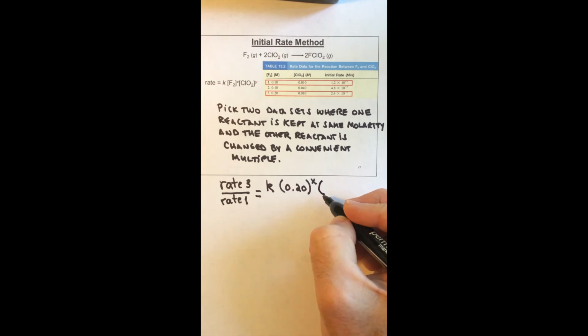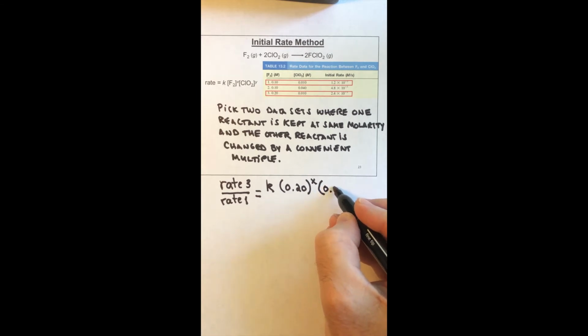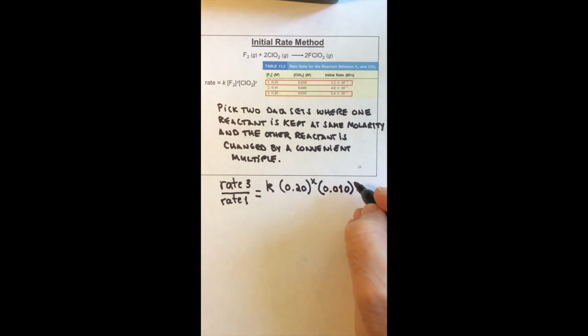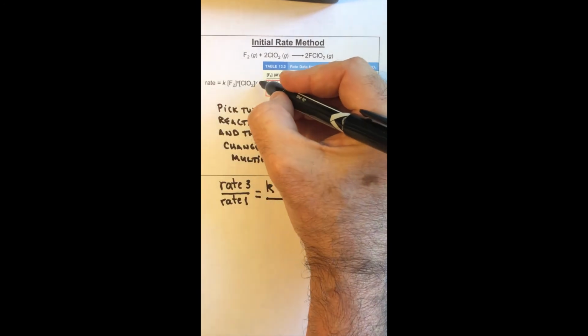And then we have the concentration of ClO2, which for experiment 3 is 0.010. We're not going to put the molarities and the units here. We're not going to bother with that because they're actually all going to cancel out. And it's to the yth power.